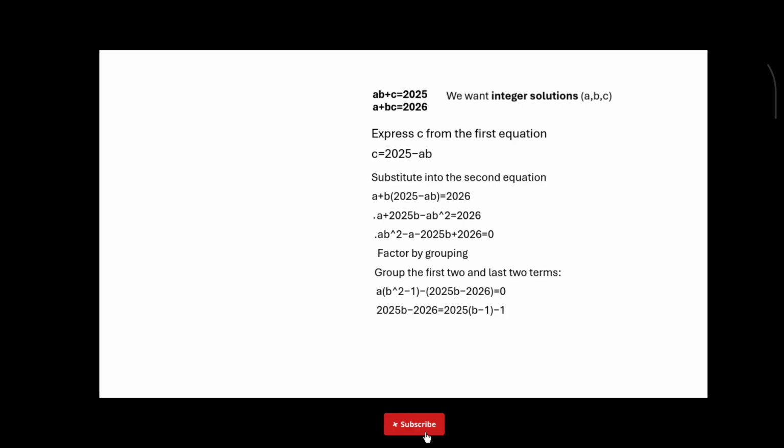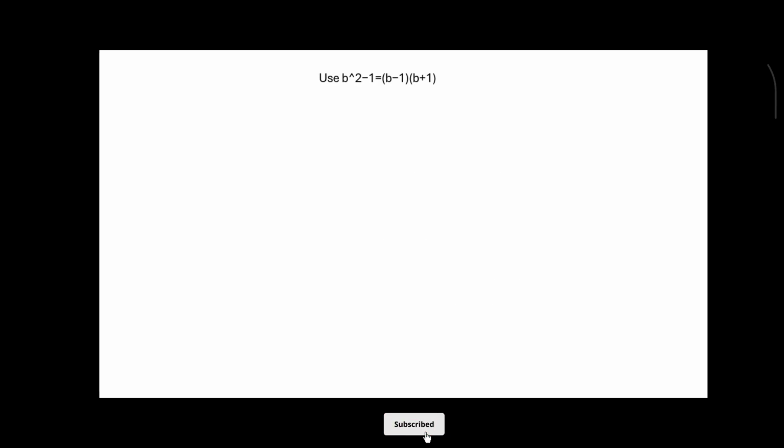So we rewrite the equation as a times (b squared minus 1) equals 2025 times (b minus 1) minus 1. Now use the identity b squared minus 1 equals (b minus 1) times (b plus 1).